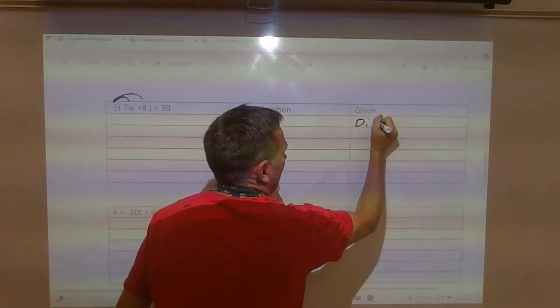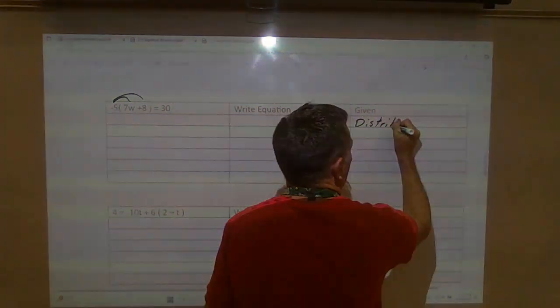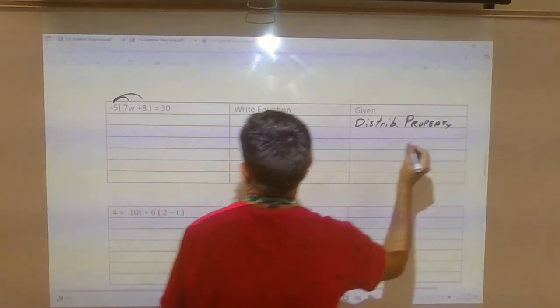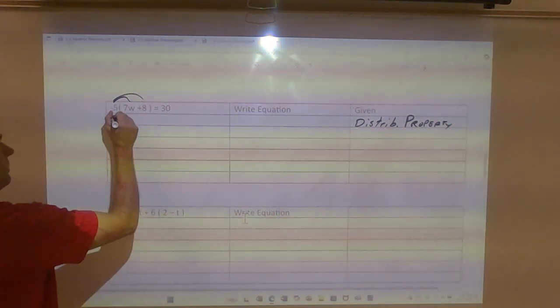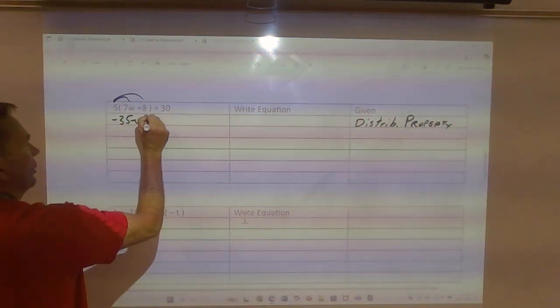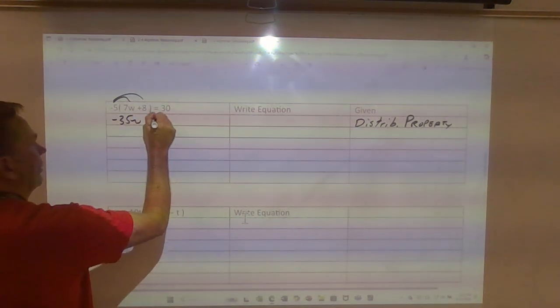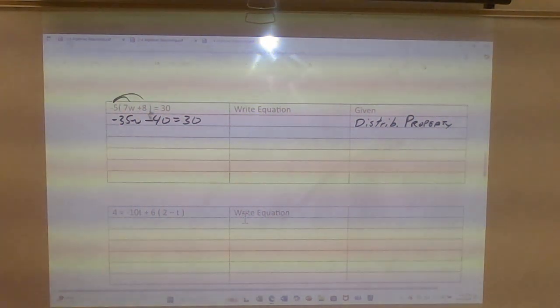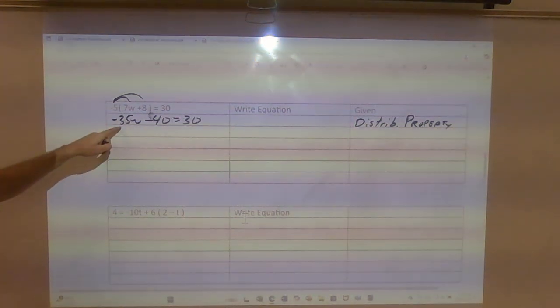So our reason is the distributive property. And when we use the distributive property, we end up with this expression now. Kind of explains how we go from here to here.